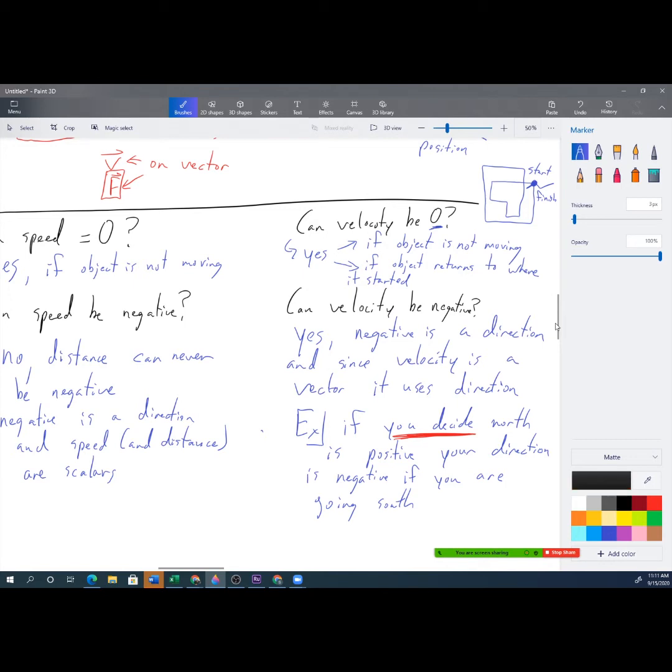So for example, in your math classes, we've already defined directions in terms of their positive and negative in math. But in physics, it could be that we decide to switch that.